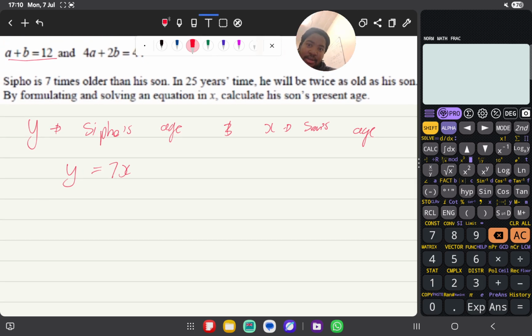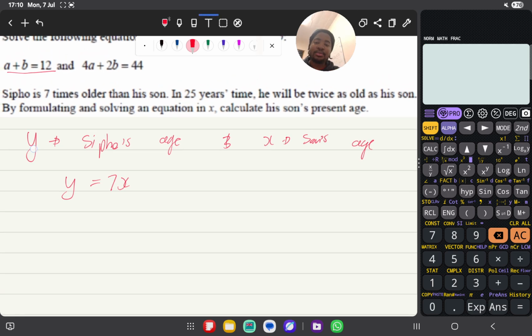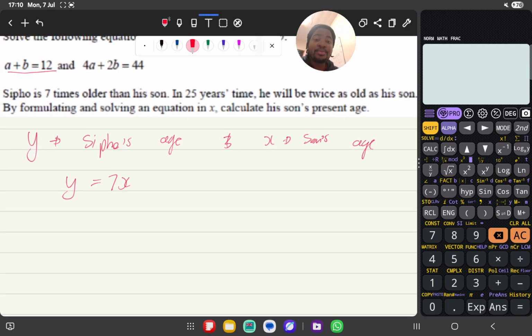So here's an example. In 25 years' time, both of them will be 25 years older than right now.